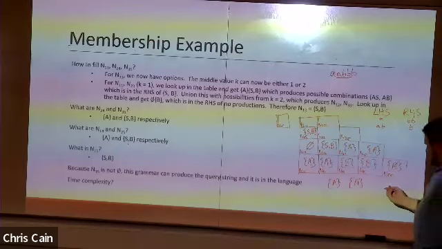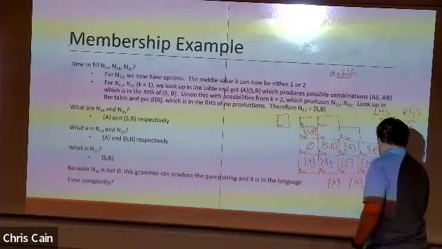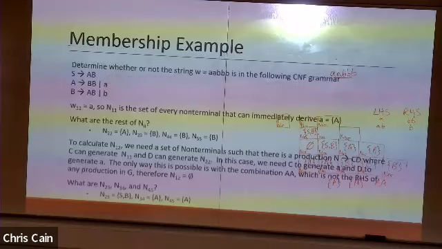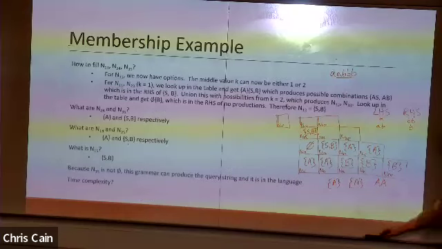This can only produce AA. We look back at our grammar. Where did that come from? Do we remember? What can produce AA in our grammar? Nothing. It's the empty set. Great.